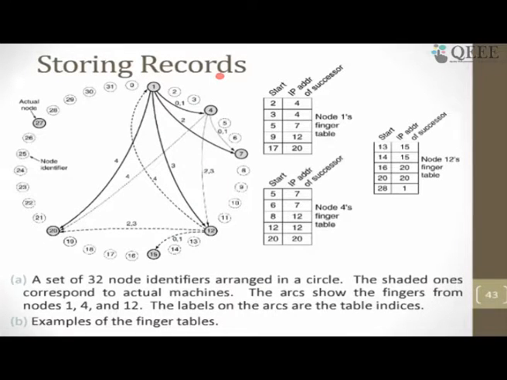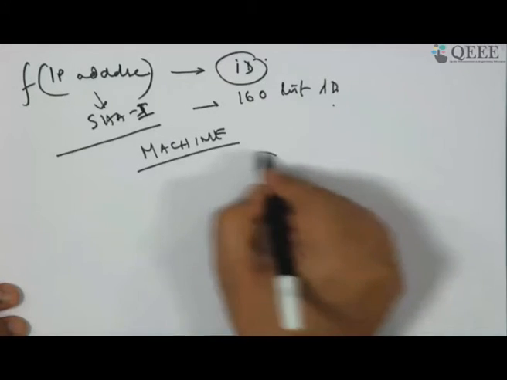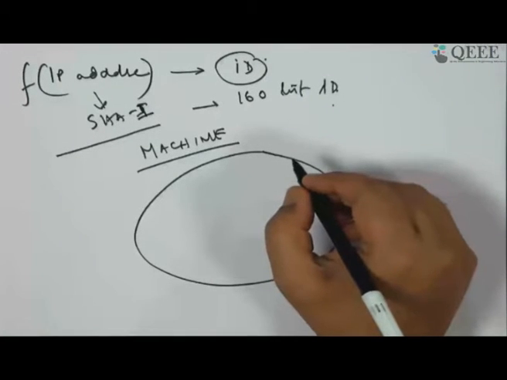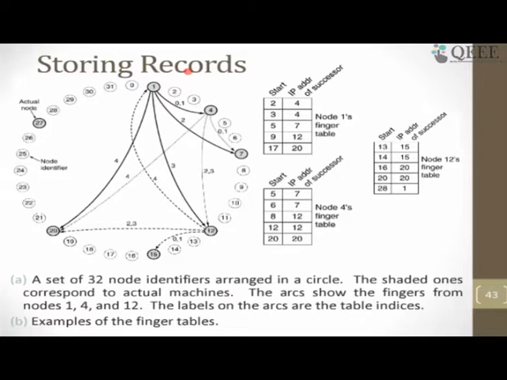Now you can see the machines are arranged in the form of a circle. How are they arranged? Let us say 1. 1 means the ID. It can have some IP, but its ID is 1. So there is one machine.